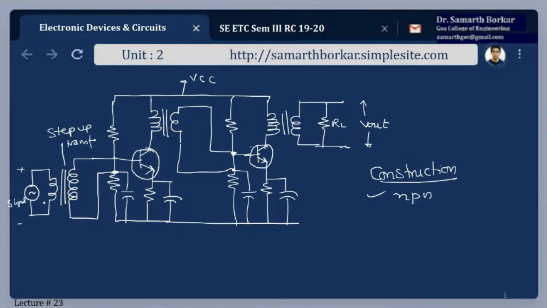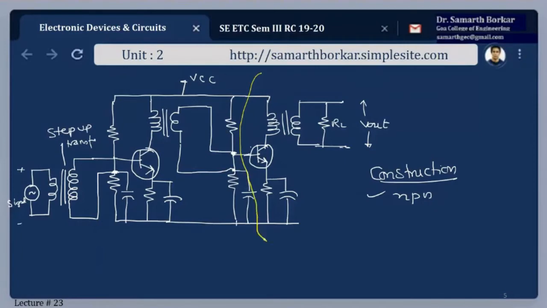The remaining two transformers that you see in this circuit diagram are step-down transformers. Why do we make use of step-down transformers? So that they can provide output impedance matching. For example, yesterday we were discussing, I'll just draw this part of the circuitry.